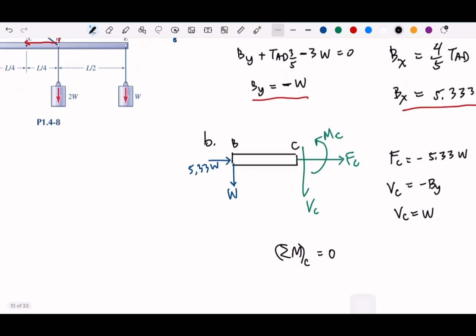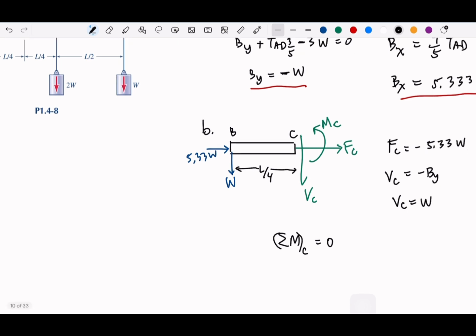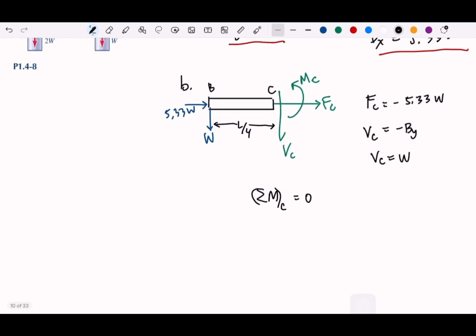L over 4. Distance is L over 4. So W, L over 4.